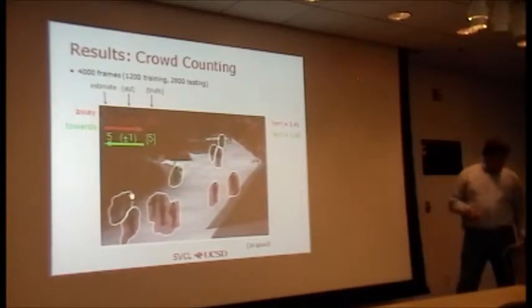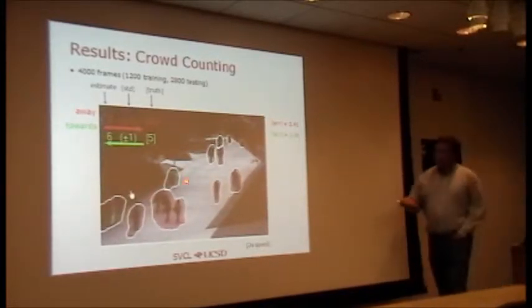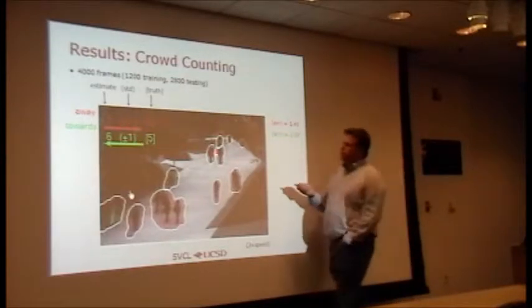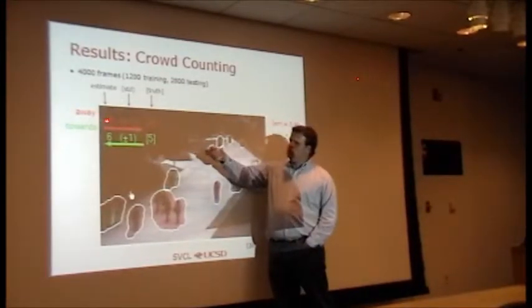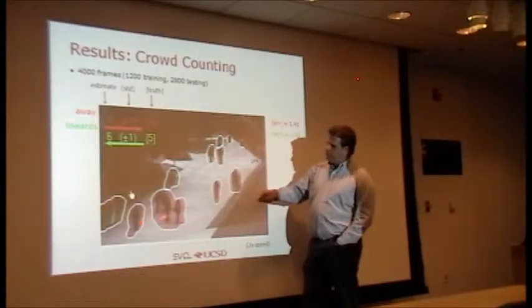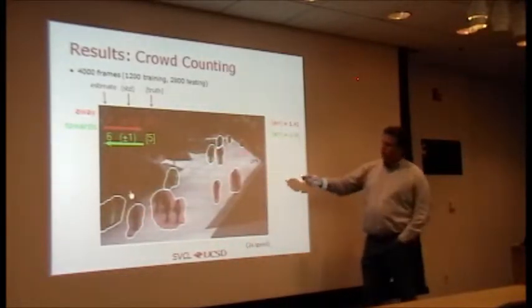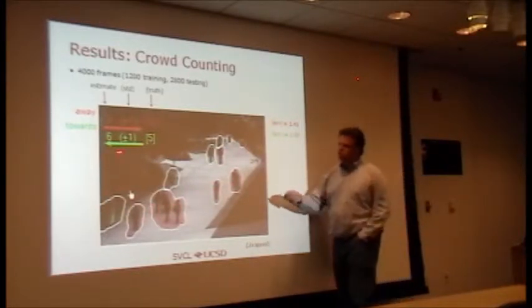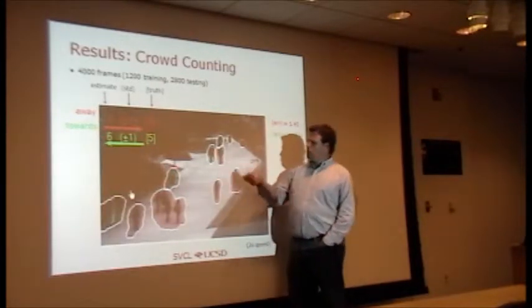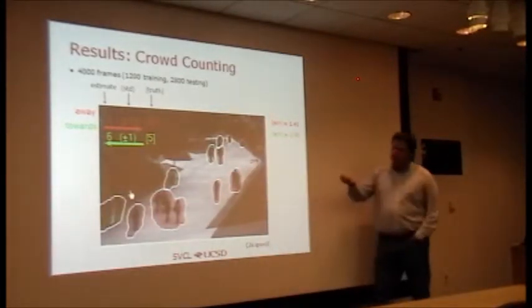So let me stop this, and then I'll explain what's going on. Okay. So this is the video. Here we have the estimate produced by the system. The red arrow corresponds to the people that are moving in that direction, the ones assigned to the red blobs in the segmentation, and the green arrow corresponds to the people that are coming.